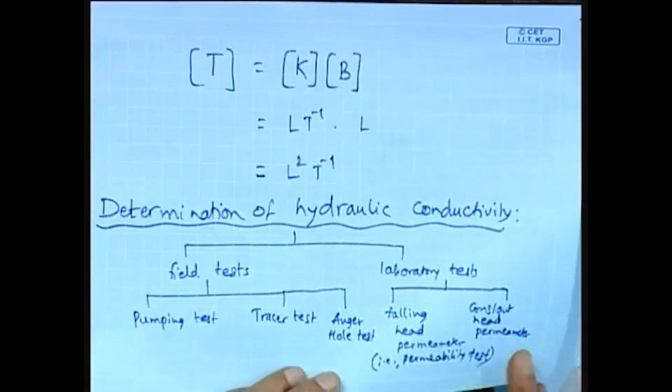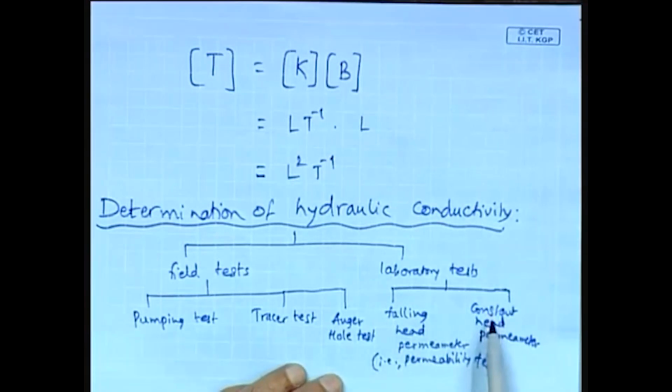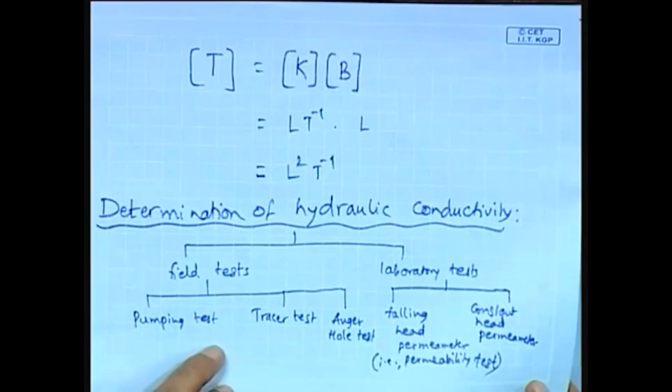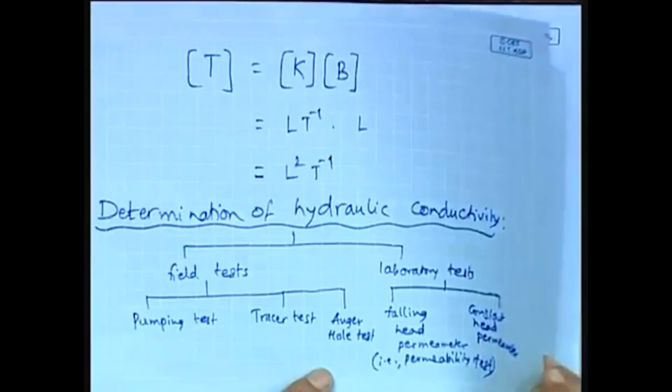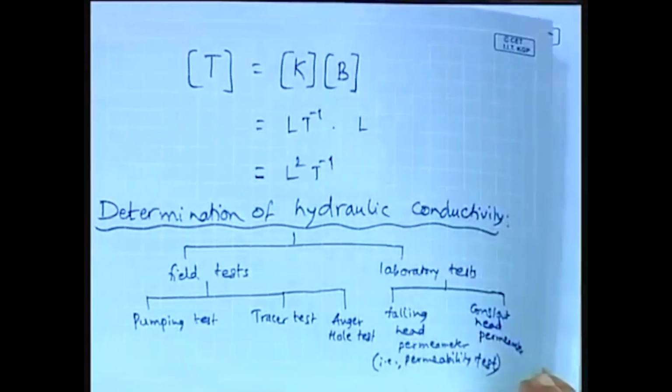Whether it is operating at constant head, in that case it is known as constant head permeameter, and whether it is operating at a falling head, that means when the head is falling continuously as the groundwater flow takes place, in that case it is known as falling head permeameter. So, these two form the laboratory tests, whereas the pumping test, tracer test and auger hole test form what are known as the field tests.